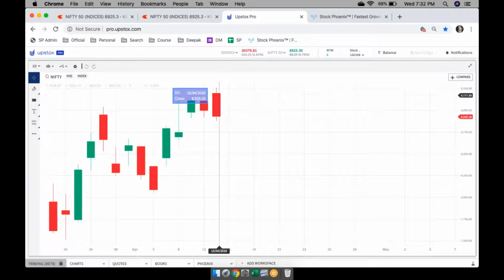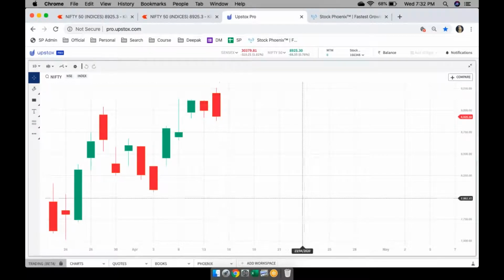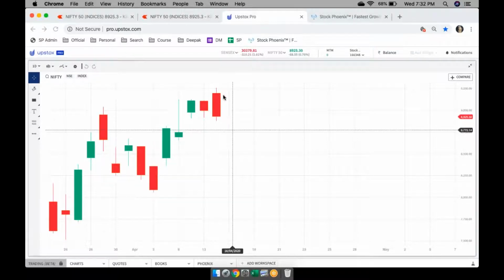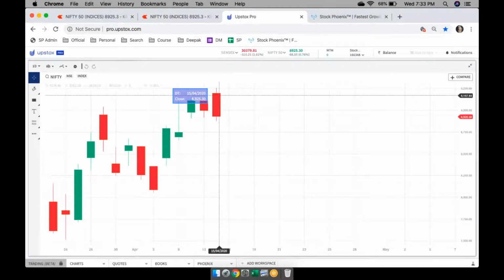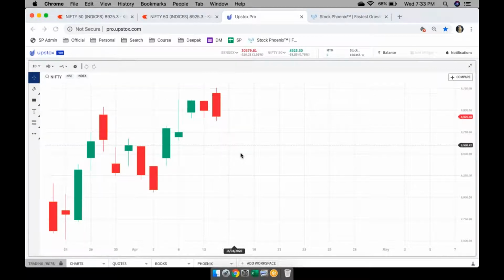Can I go and buy Nifty? So straight away we are breaking the first rule. If you buy Nifty here, very simple, there is no need to understand anything, no big technical, nothing is required. You are straight away entering into the wrong direction of the market.